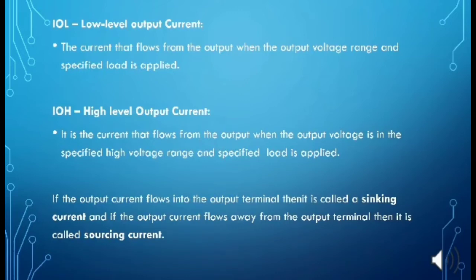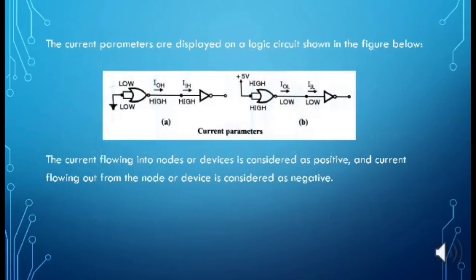If the output current flows into the output terminal, then it is called a sinking current. And if the output current flows away from the output terminal, then it is called a sourcing current. The current parameters are displayed on the logic circuit shown in the figure below.